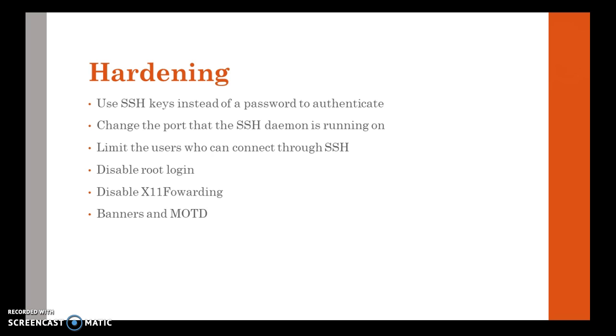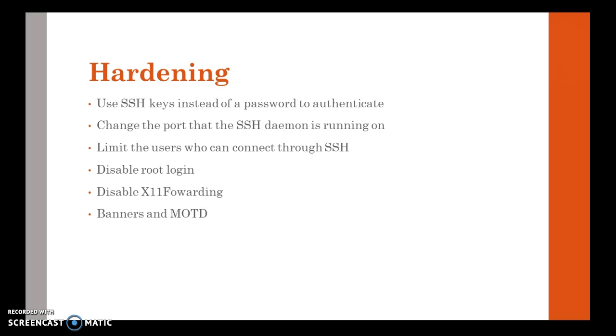So if you change the default port, maybe the attacks will decrease. For this one, you need to go into the configuration file, find the line that says port 22, and then change it to something else like 2222. But a lot of people know that 2222 is an alternative, so they'll start going for that one next.